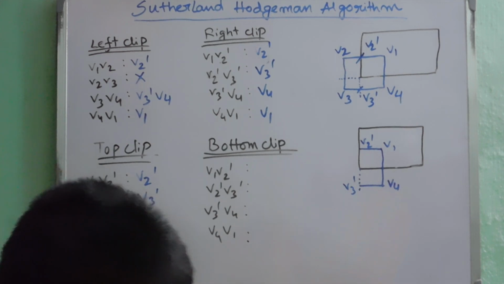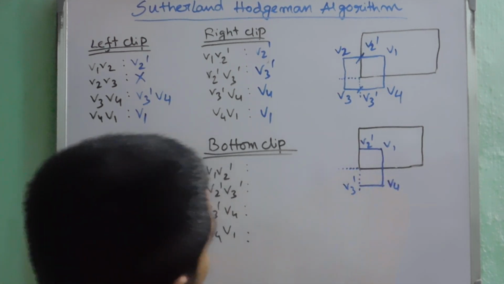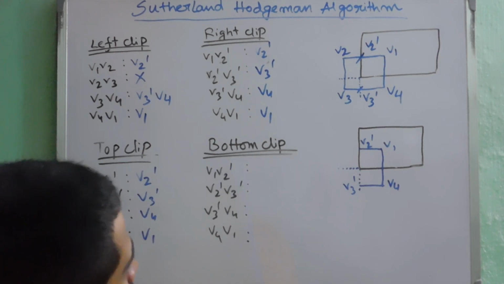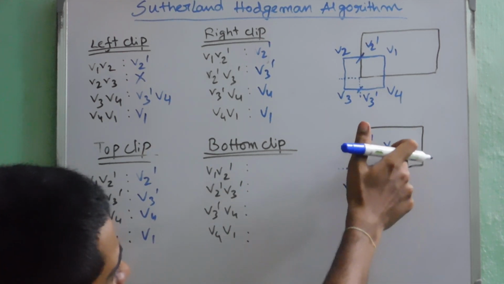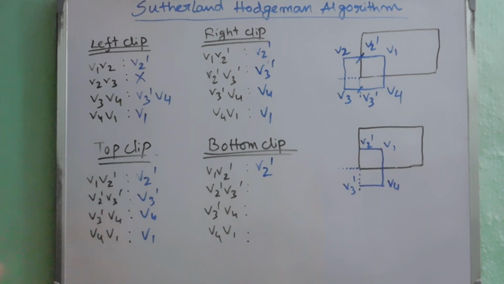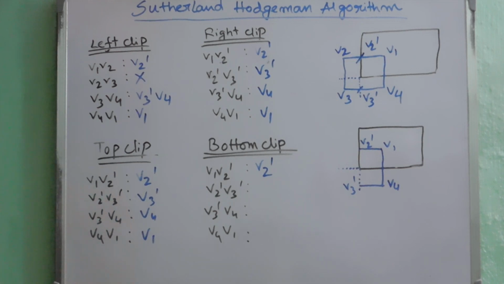Now as you can see, we have parts of edges outside the bottom boundary, so we have to perform clipping. For the first edge V1 V2 dash, no clipping is required because it is inside the boundary, so we will write V2 dash. For the edge V2 dash V3 dash, it has a portion outside the boundary, so we need to perform the clipping.